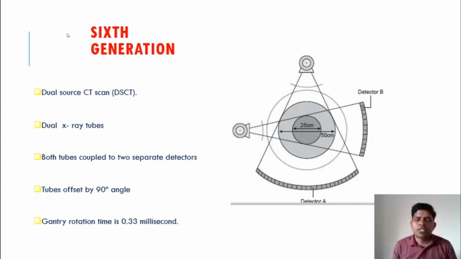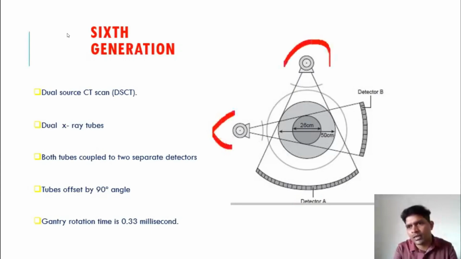Later, the sixth generation CT came, where the working principle is almost the same as the third and fourth, but here a dual source CT scan is used. It means two different X-ray tubes are used. Here is one X-ray tube, here is the second X-ray tube.